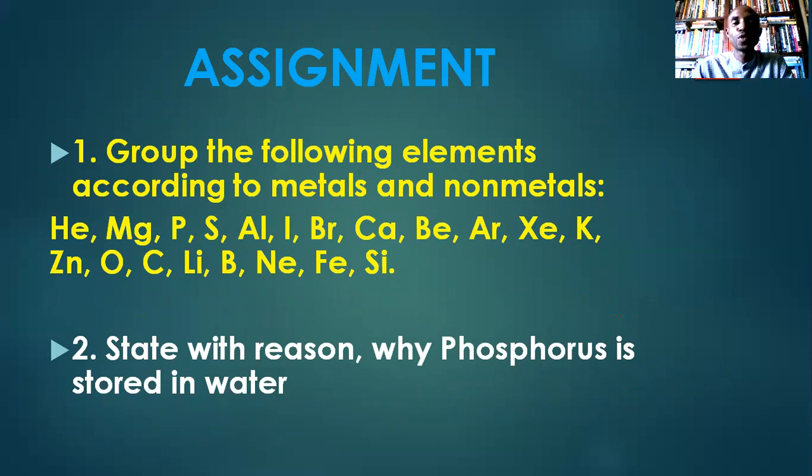Helium, magnesium, phosphorus, silicon, aluminum, iodine, bromine, calcium, beryllium, argon, xenon, potassium, zinc, oxygen, calcium, lithium, boron, neon, argon, and silicon. Group them according to metals and non-metals. That is number one. Number two is state with reason why phosphorus is stored in water.